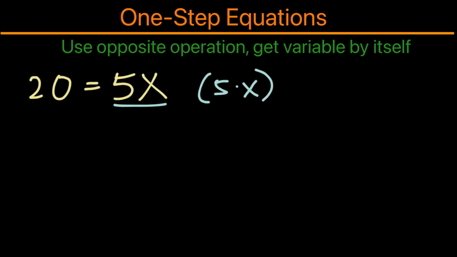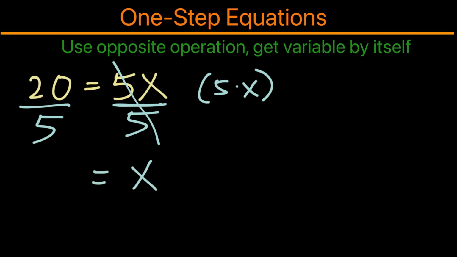So all we have to do here is divide the 5x by 5, and then the same for 20. So 5 divided by 5 equals out, it becomes 1, and we got x by itself. 20 divided by 5 is 4. So we have x equals 4.